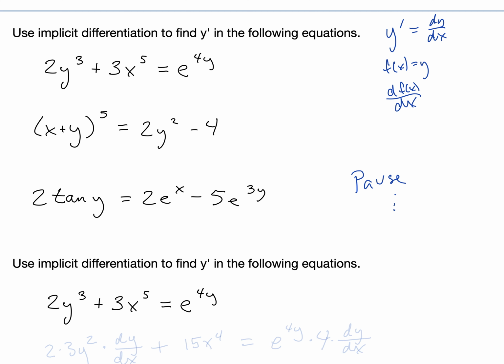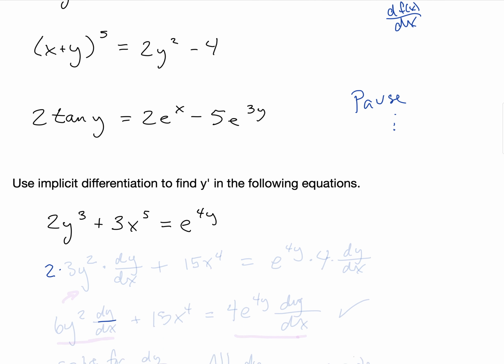Okay, so first problem. We've got 2y cubed plus 3x to the fifth equals e to the 4y. We're going to start by taking the derivative of both sides with respect to x, assuming that y is a function of x. When we take the derivative of 2y cubed, the outside function is 2 times something to the third power.